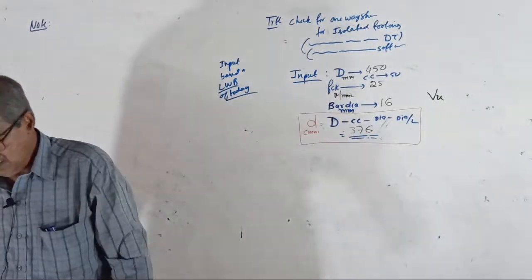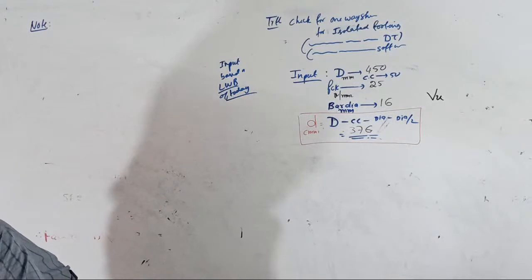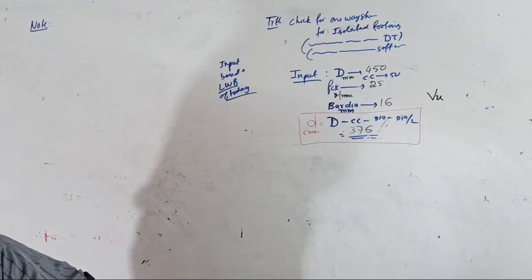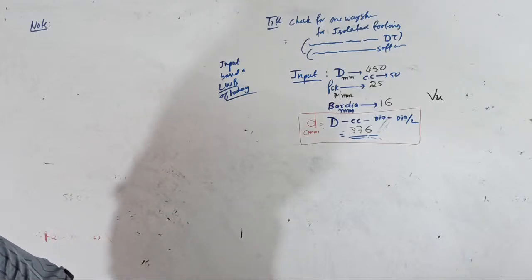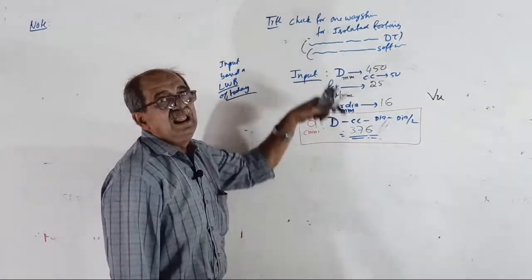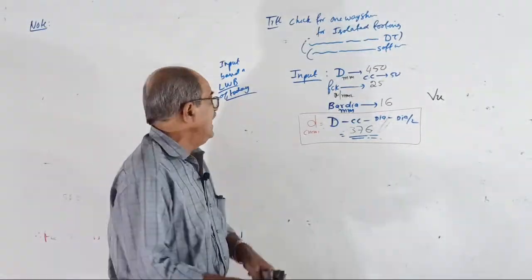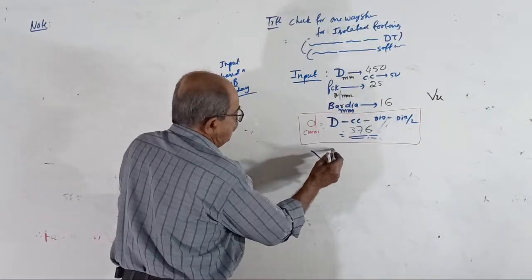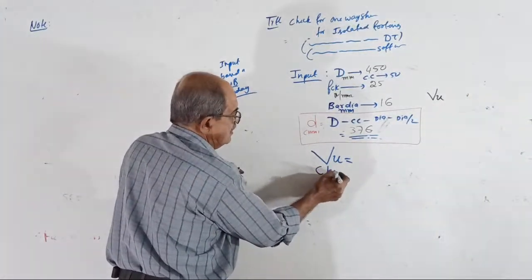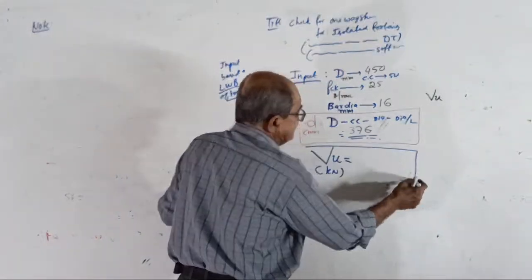You mark the critical section at D from the face of the column, see the cantilever action and look at the other side, and then find the shear force. First find the shear force at working load, then multiply by load factor to get the factored shear force. When you use Excel, when you use software, it is not that way. Direct input of VU. VU input you give in kilonewton.